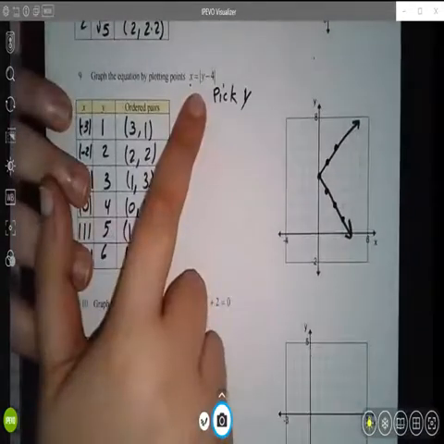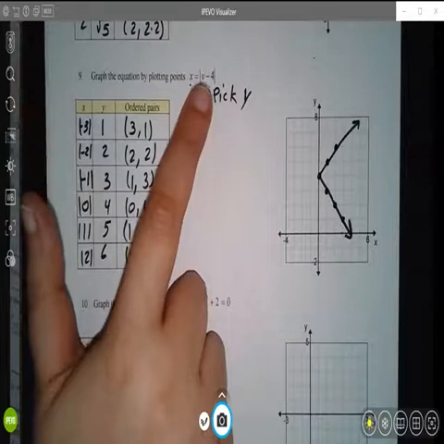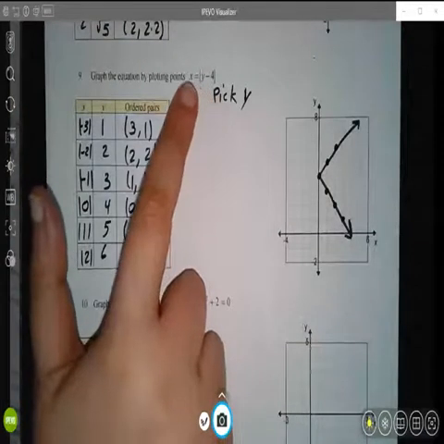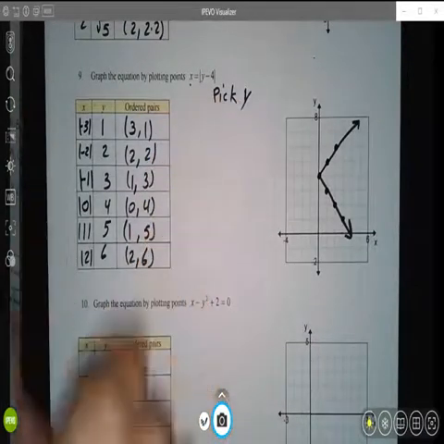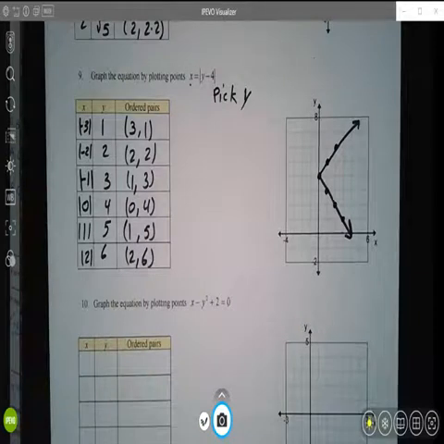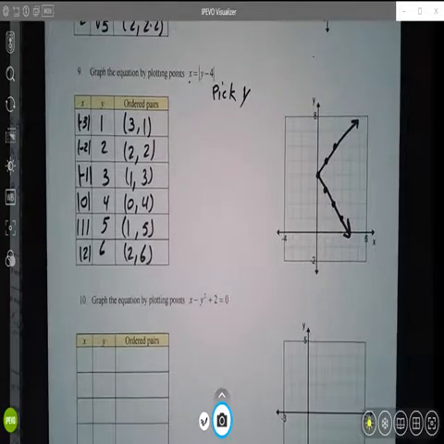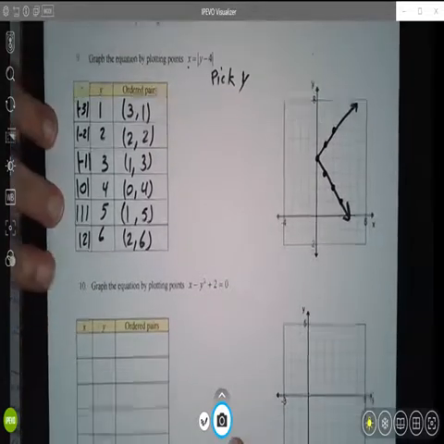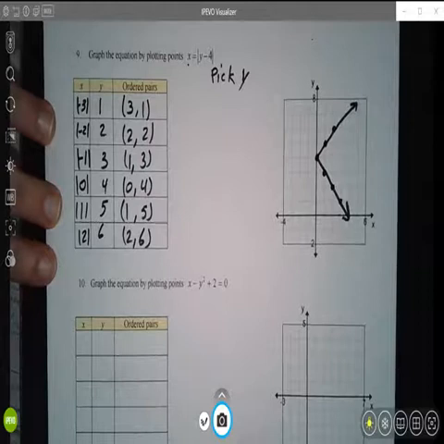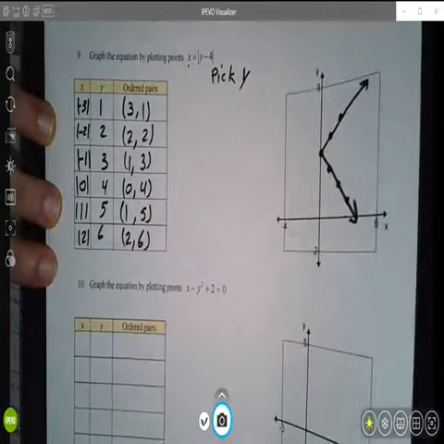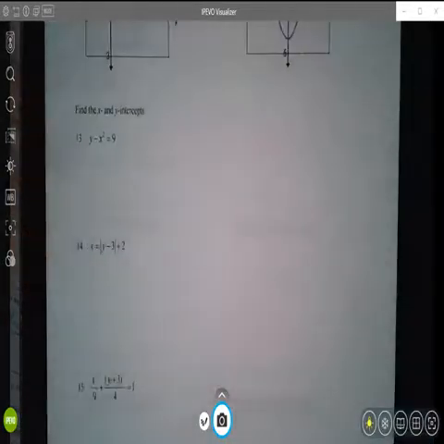You're not going to see these cases often, though. I'm not going to give you a function where x equals something in terms of y. And you'll see why in the next section. Okay? I don't want to complicate things too much in this one. Just learn how to graph. Okay? So I'm going to move on to the next example.